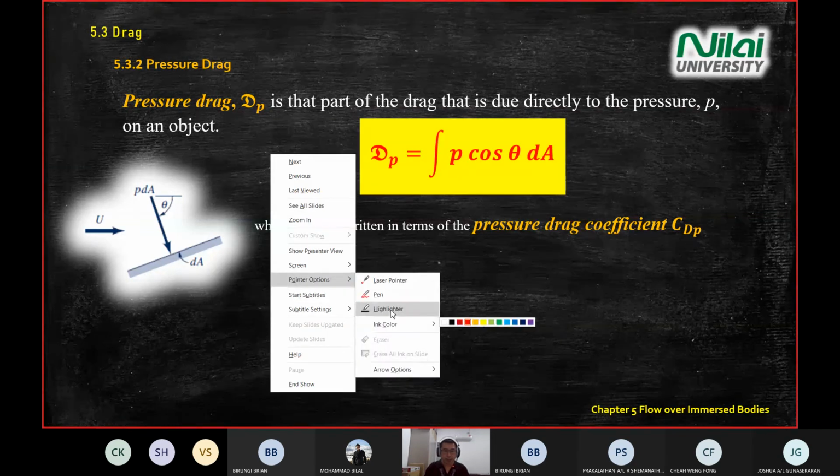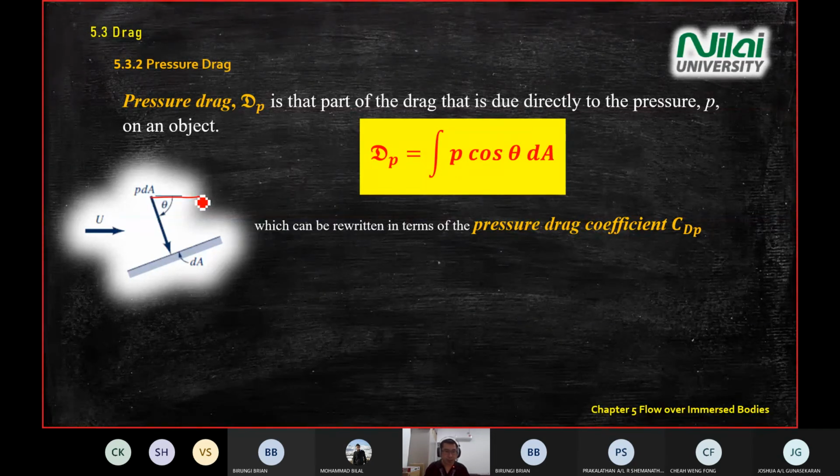Because if you break the magnitude of the diagram, the blue arrow is the resultant pressure. It is the absolute pressure magnitude or pressure force. This is the pressure force because you already convert your pressure into force. So we call this magnitude the pressure force. You can break the pressure force into vertical and horizontal.